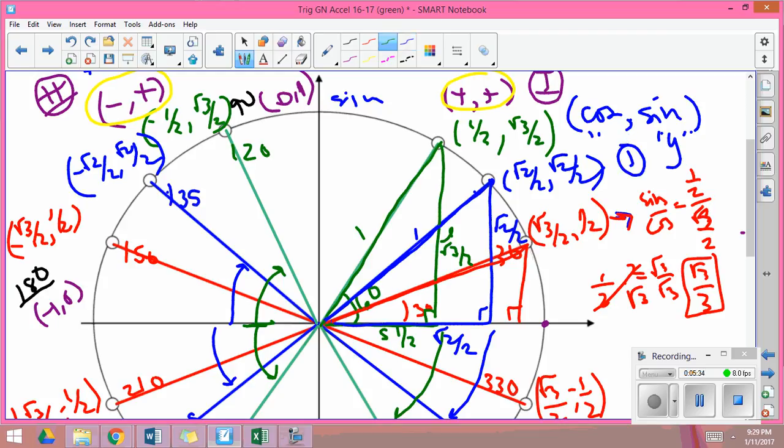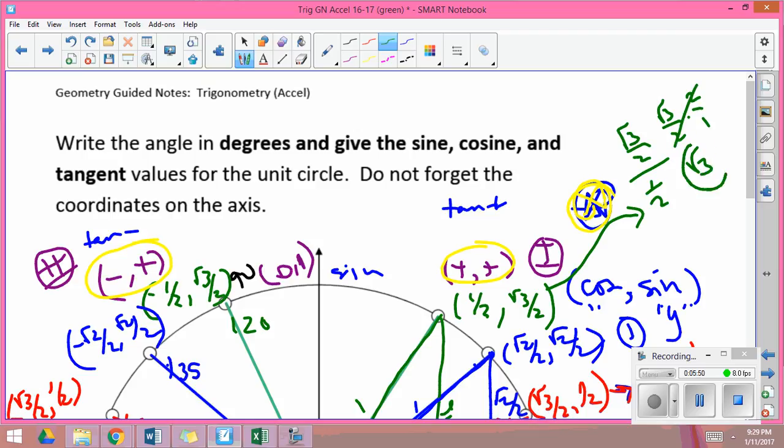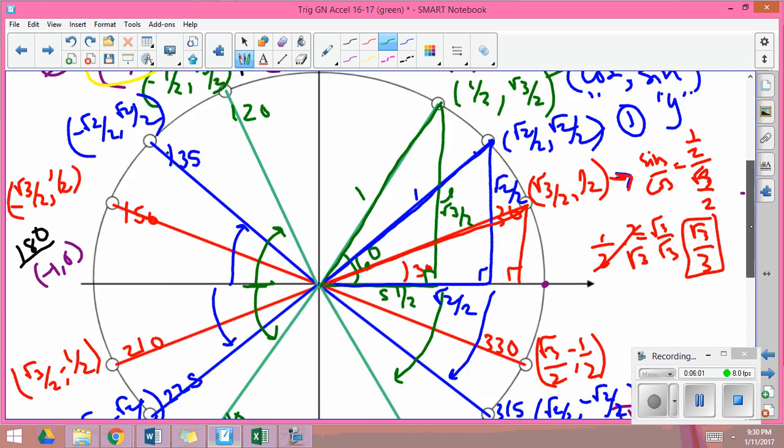And when you go around and look at the tangent of 60, sine, square root of 3 over 2, divided by cosine, 1/2, well, that's the square root of 3 over 2 times 2 over 1. Your 2s cancel. Your tangent of 60 and all of its reference angles is the square root of 3. So that's the gist for the unit circle.